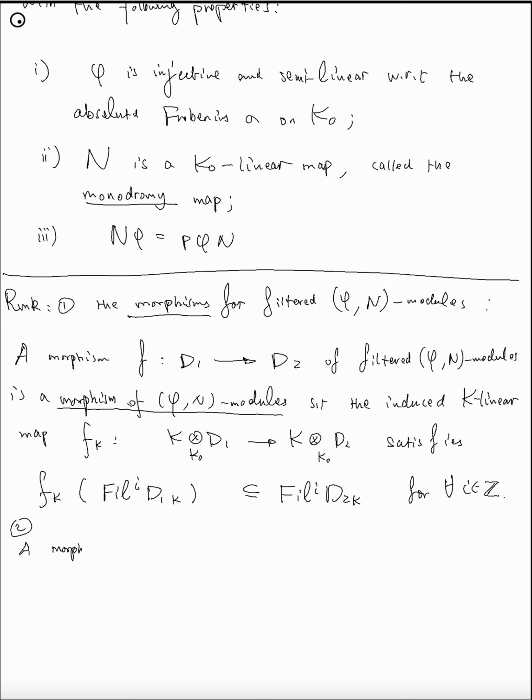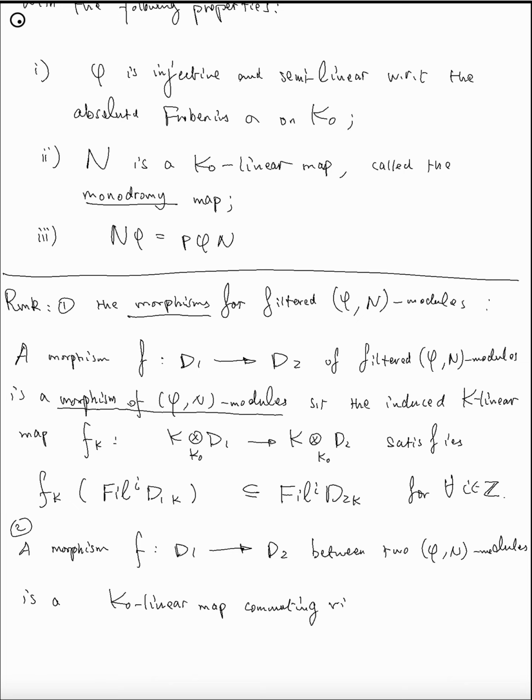So a morphism between two phi-n modules is just a K0-linear map commuting with the two structures phi and n.